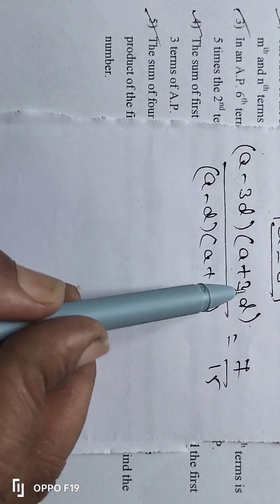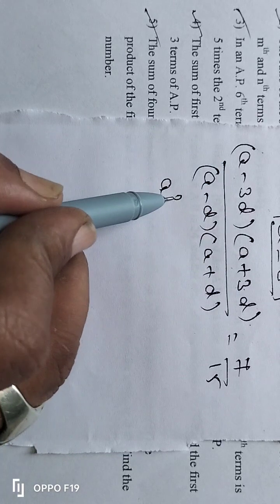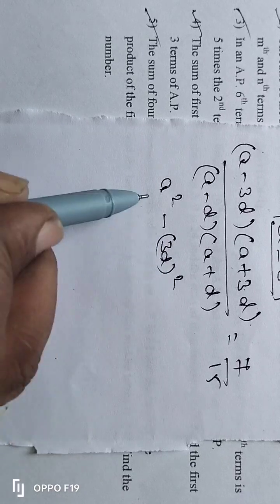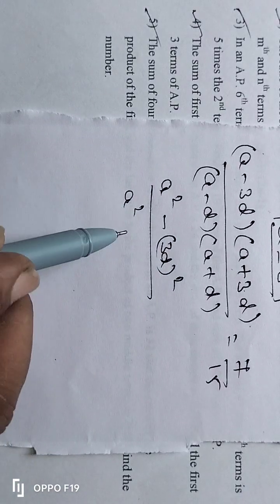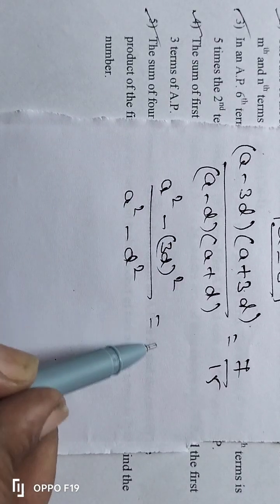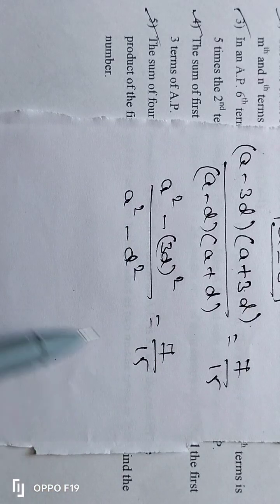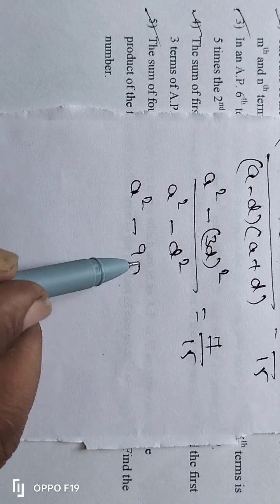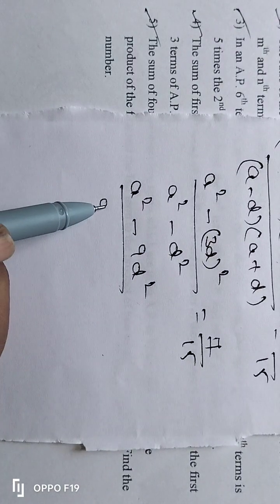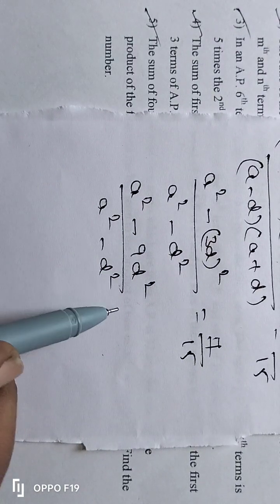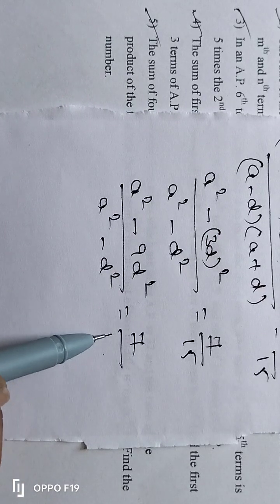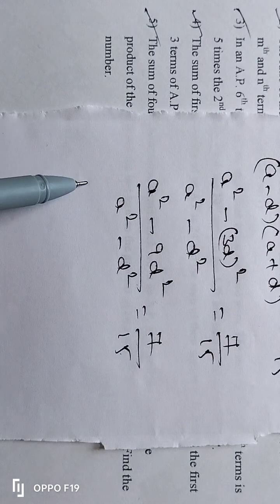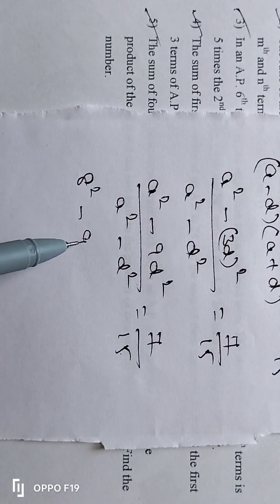It is in the form of (a plus b) into (a minus b). So a square minus 3d whole square divided by a square minus d square is equal to 7 by 15. a square minus 9d square divided by a square minus d square is equal to 7 by 15. In place of a, substitute 8. 8 square, already we have found the value.